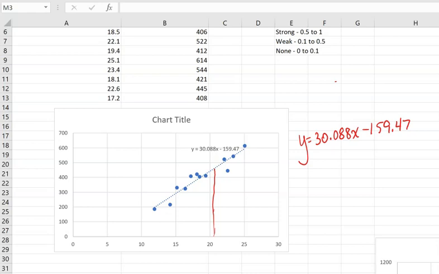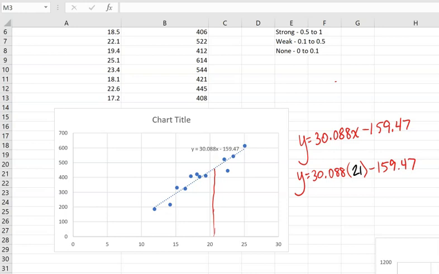So all we're going to do is y equals 30.088, and instead of x, we're going to put in our value. In this case, our value was 21 that we're wanting to look at, and subtract the 159.47.